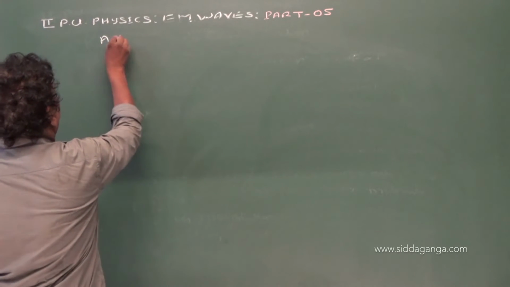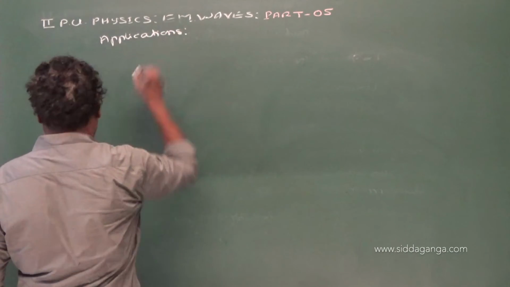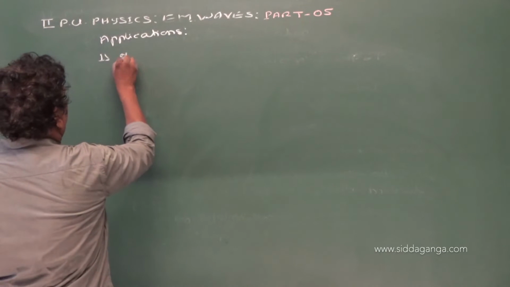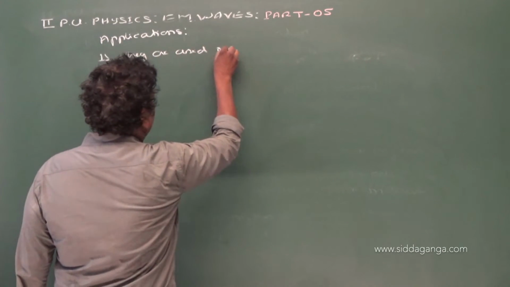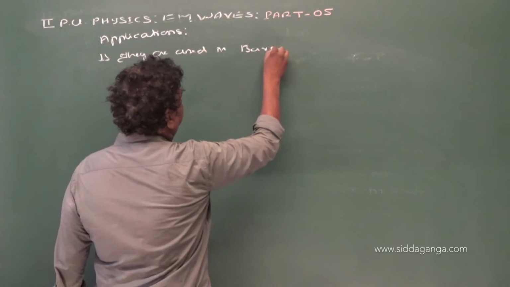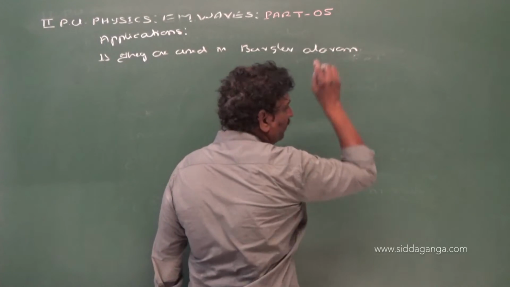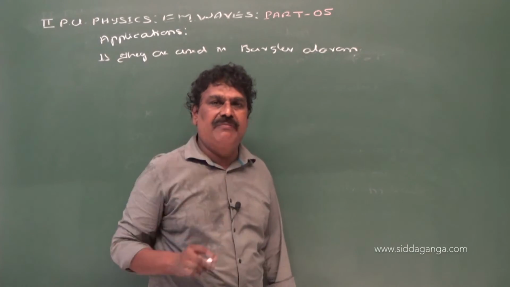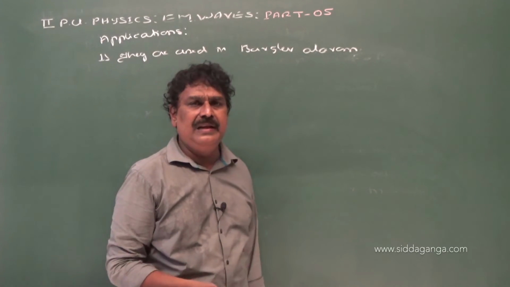Now, applications. Number one, they are used in burglar alarm. When a burglar or a thief enters at the door of a building or any complex, the alarm will ring.